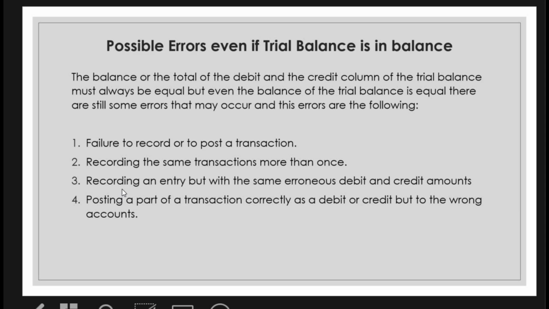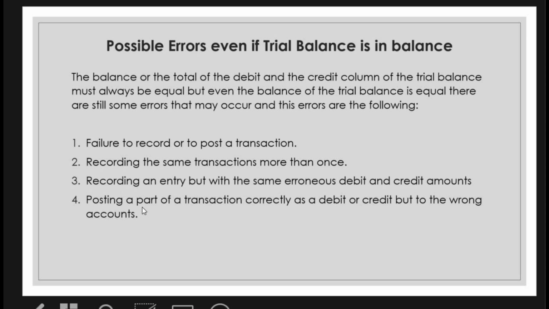So, of course, mali na talaga yan. And since yung debit mo tsaka yung credit na amounts mo ay the same, hindi talaga yan magkakos ng pagka-disbalance ng trial balance. So, balance pa rin yung trial balance, pero mali, no? Mali yung mga balances mo.